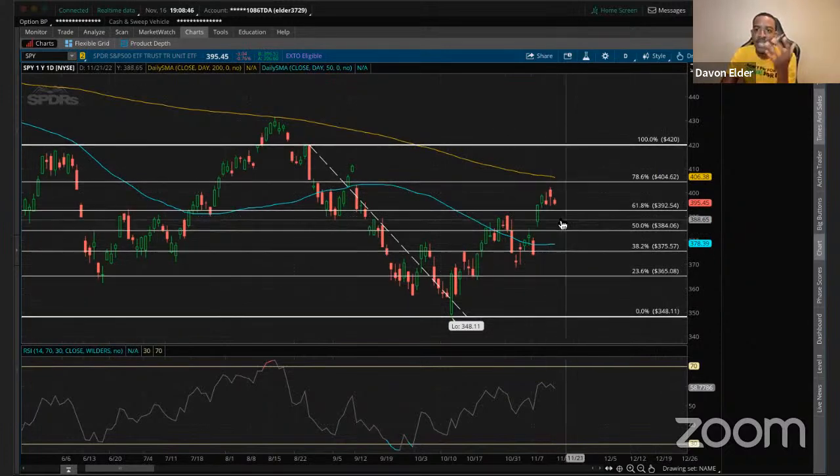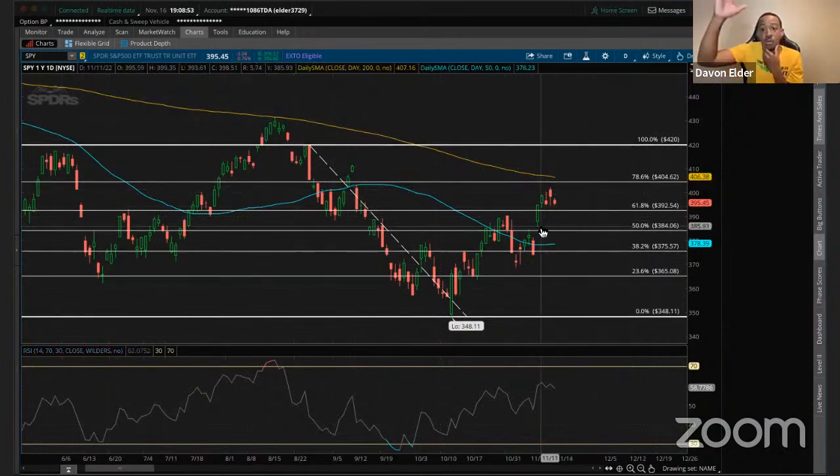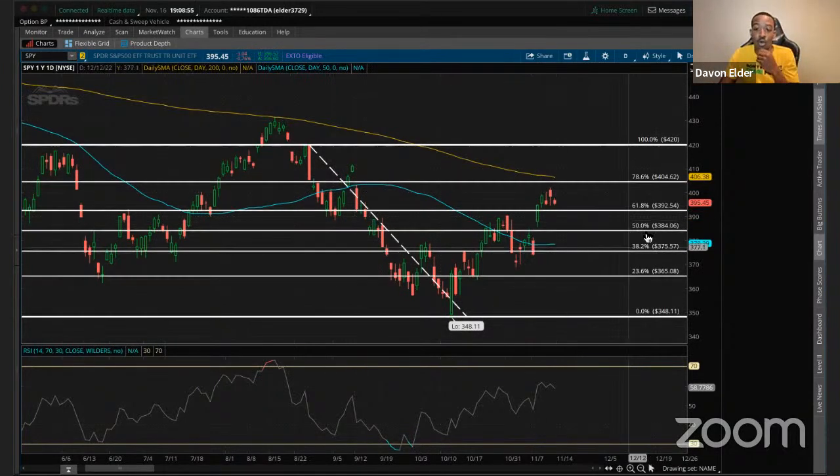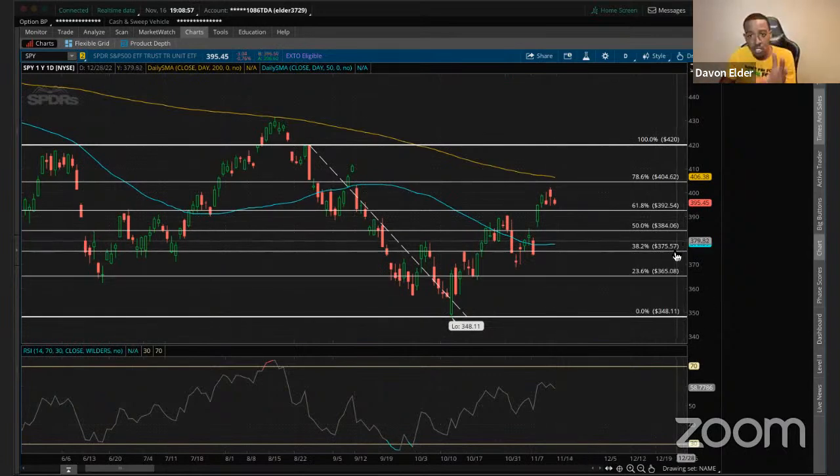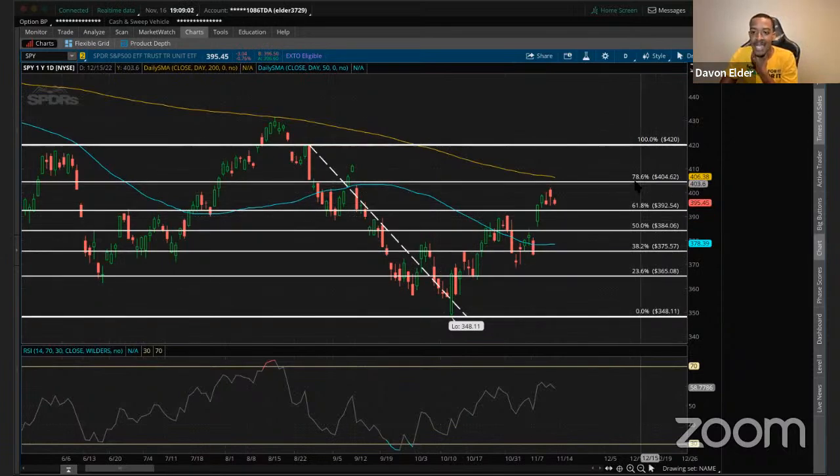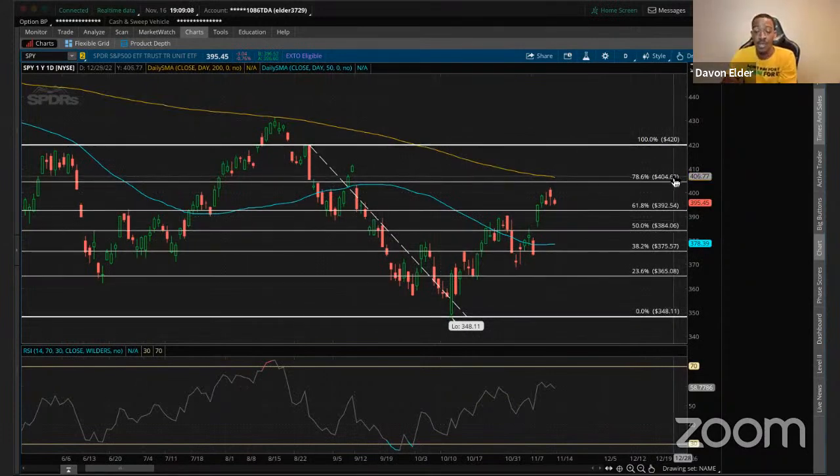But as long as we stay above this 50% Fibonacci retracement level, I feel good about us continuing to move higher, right? Or at least staying in this range. I would also feel good about us moving higher to 420 if we were able to break and stay above this 78.6% fib level, which represents 462. That's very, very close to this 200-day moving average.